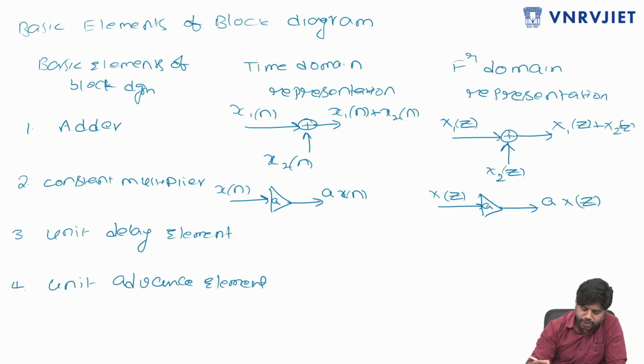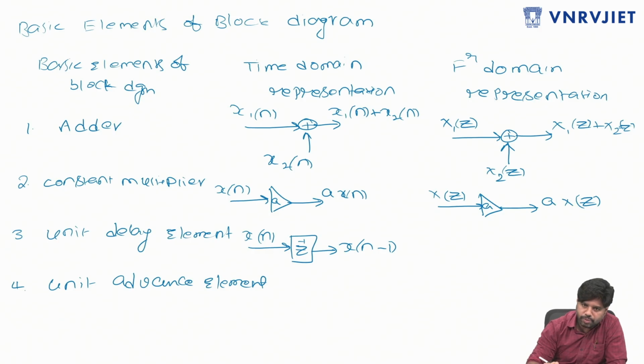And next we take the unit delay element. As usual, the input will be x of n, the unit delay element will be represented by z power minus 1, and in the time domain the output of the signal will be x of n minus 1. This is important.